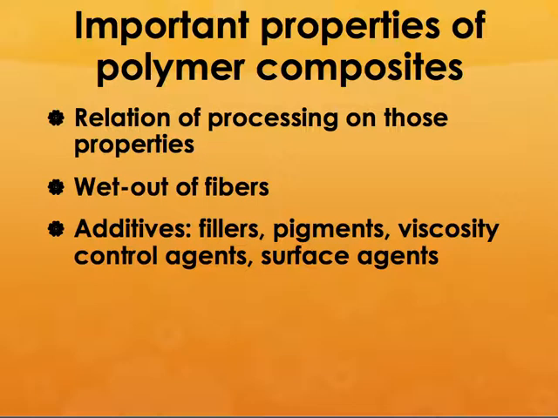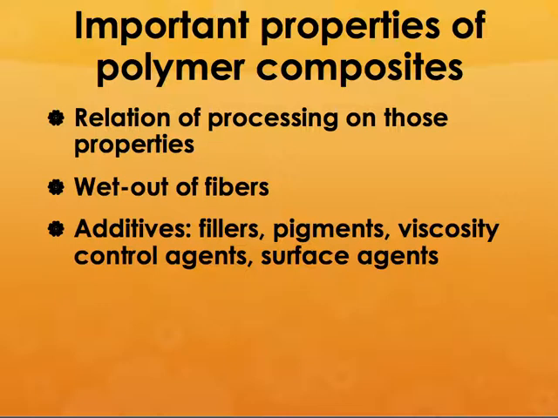Because in polymer composites, the most important aspect is the bonding between the matrix and the fiber. So in order to get that, the fibers have to be wetted out as well as possible with the matrix.